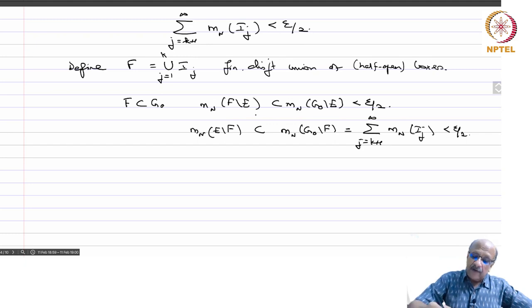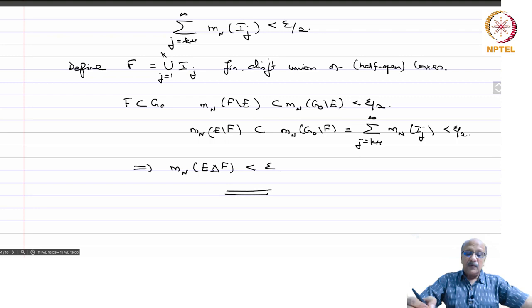So Mn of F minus E is less than epsilon by 2, Mn of E minus F is less than epsilon by 2, so Mn of E delta F is less than epsilon. So this completes the proof. Okay, so with this we complete the section on approximations. So next time we will take up a very important concept called translation invariance.